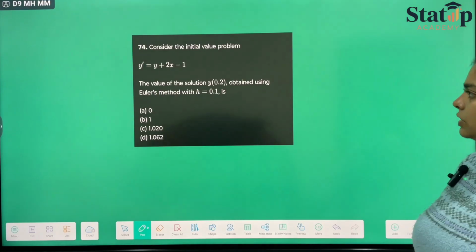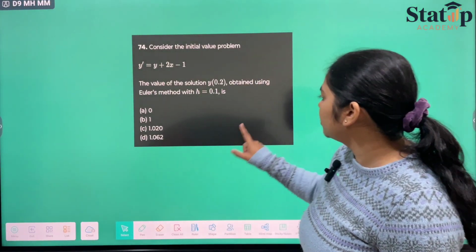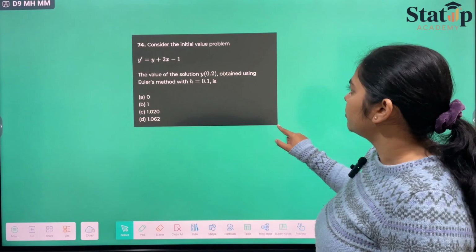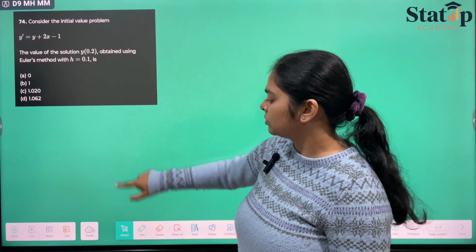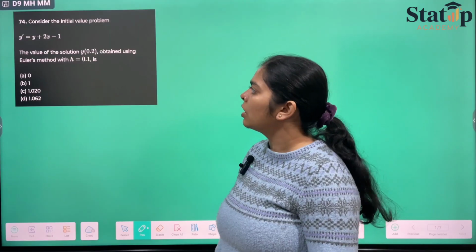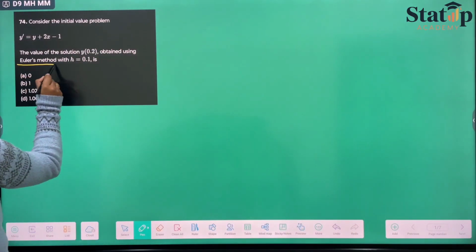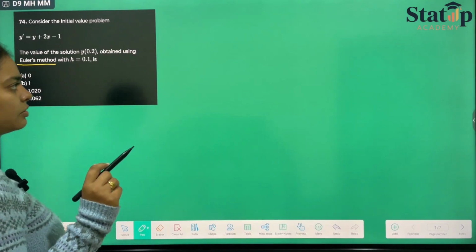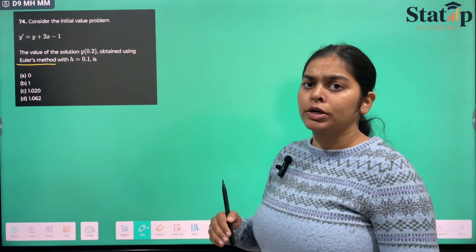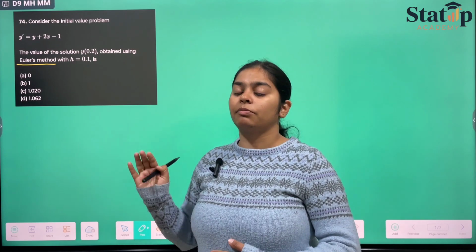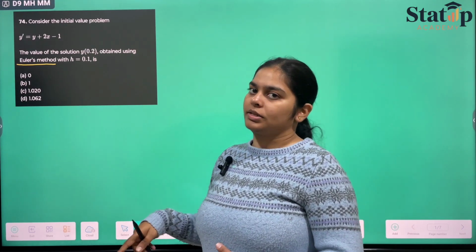First of all, let us solve this kind of question exactly. The question is like this, which has been given to us here. In every question you'll notice that they have given us Euler's method, which plays a very important part. If they want us to solve it with Picard's method, they'll mention that, and if they want us to solve it with Euler's method, they'll mention that as well.